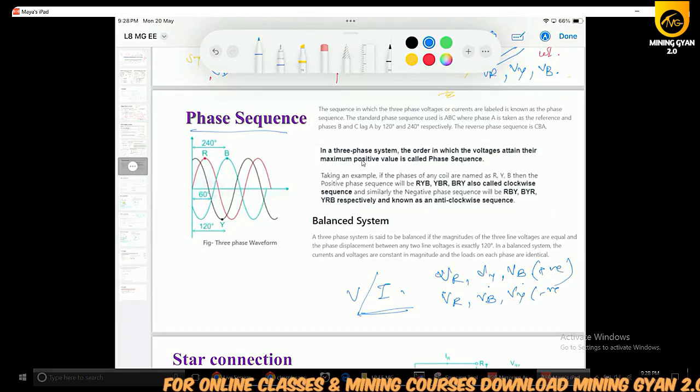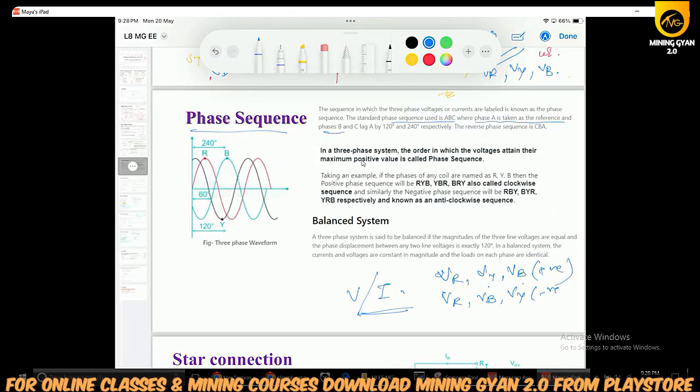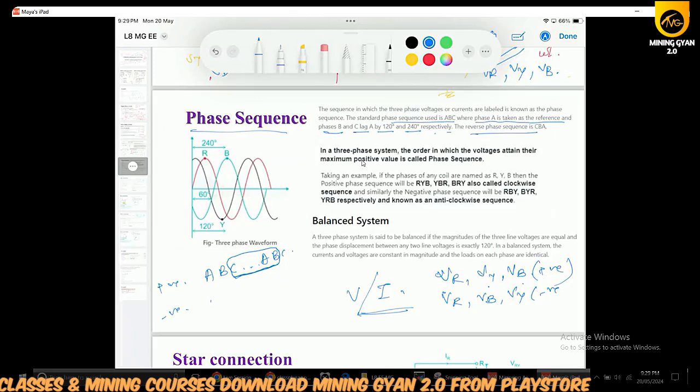The standard phase sequence is ABC or RYB, where phase A is taken as reference and phases B and C lag A by 120 and 240 degrees respectively. The reverse phase sequence is CBA. Positive phase sequence is A, B, C, again A, B, C. So CAB is also a positive phase sequence, but the negative phase sequence is CBA.